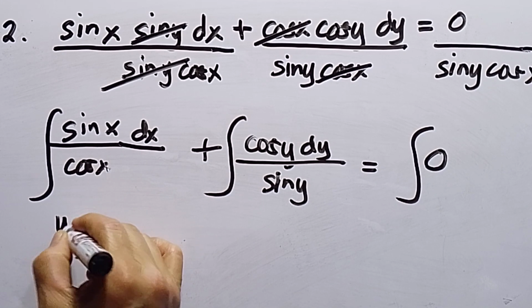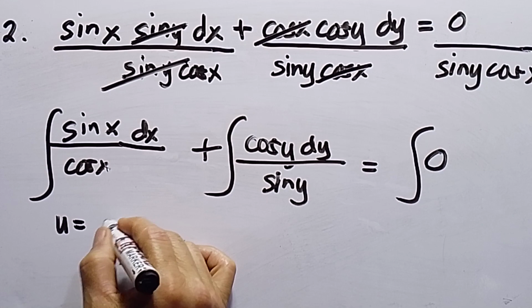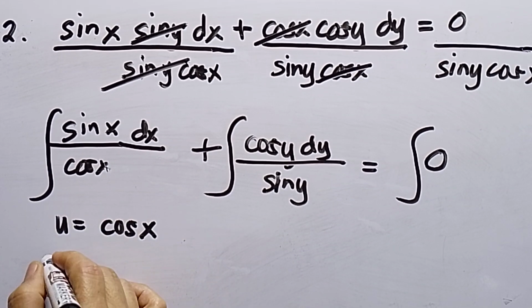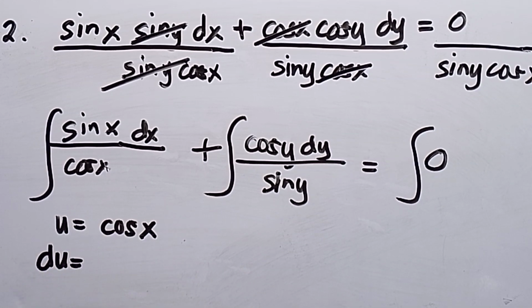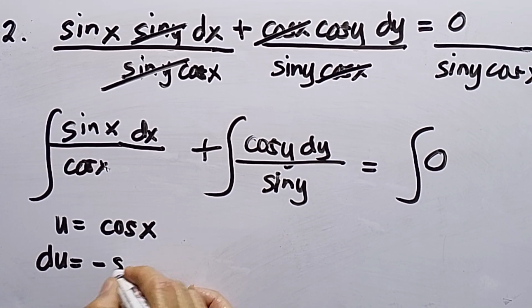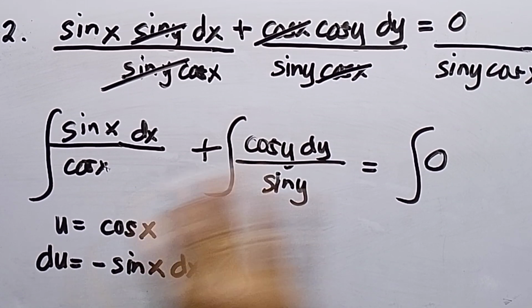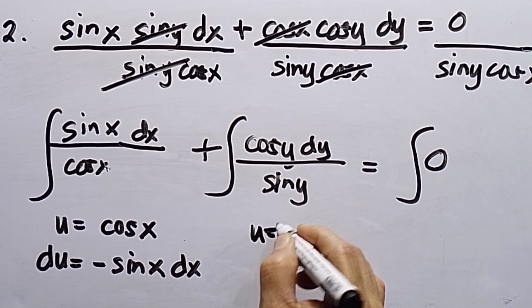So this is my assumption. Let u be cosine x. What is the derivative of cosine x? This will be negative sine x dx. Then how about the second part? Let u be sine y.